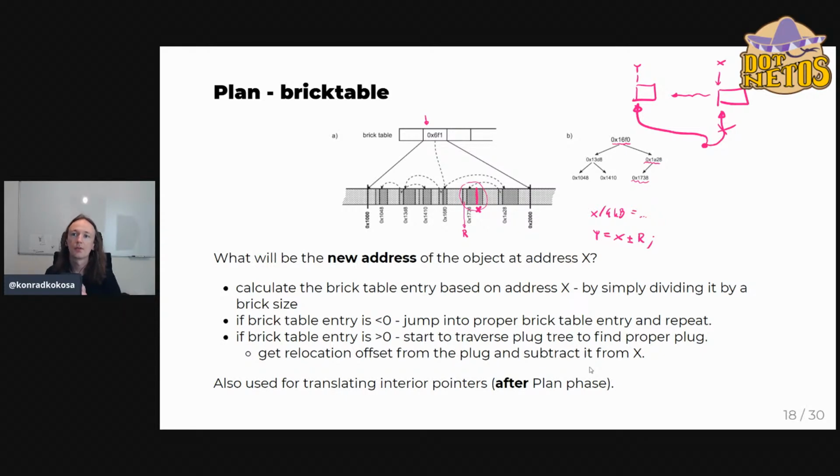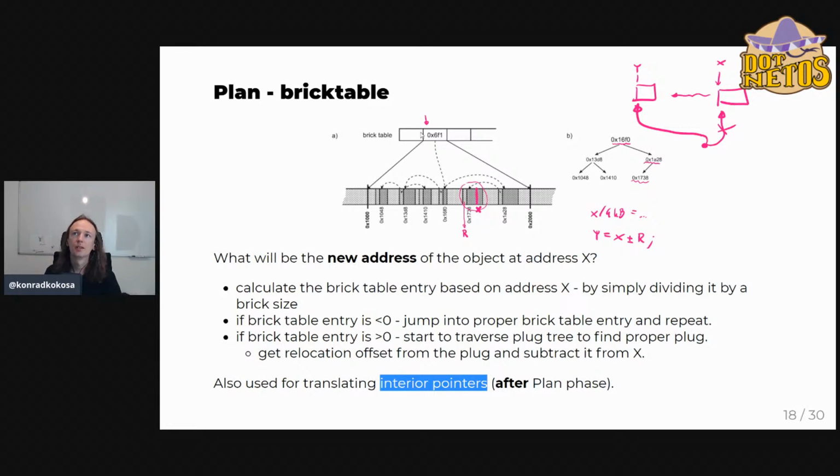Also, brick tables are used in the translation of interior pointers, with exactly the same mechanism. We can use the same mechanism for finding an object pointed to by an interior pointer, because an interior pointer points inside an object, so inside an array, or you can point at a field inside an object. So having a pointer, we need to find the object that contains this pointer.